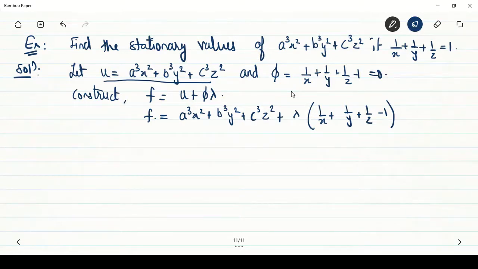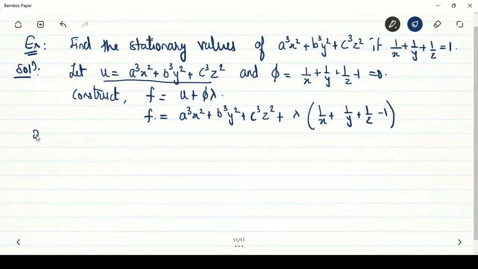According to the steps for Lagrange's method, first we construct the function f equals u plus lambda phi. Substituting the values of u and phi, we get f equals a cube x square plus b cube y square plus c cube z square plus lambda times (1 by x plus 1 by y plus 1 by z minus 1).